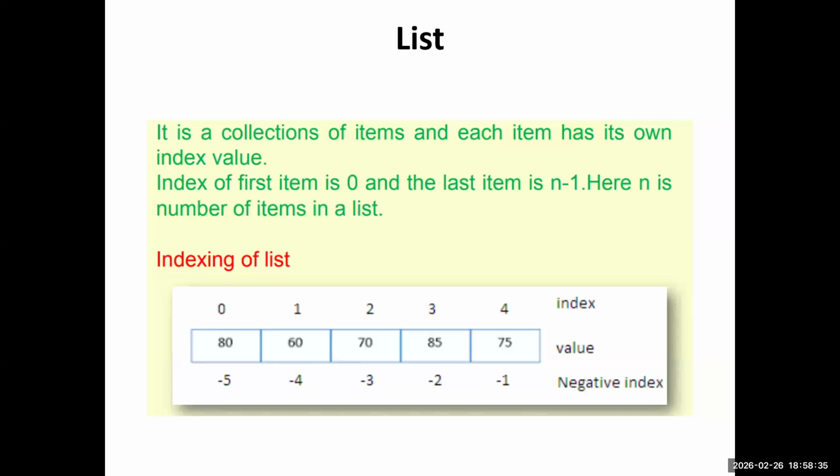Complex: list, set, range, dictionary, tuple. So all those things are called complex data types. We already had a discussion about primary data types, so now I am going to talk about complex data types.